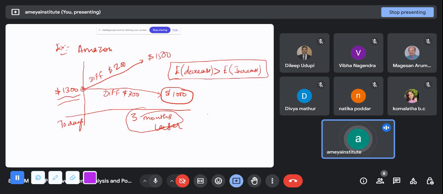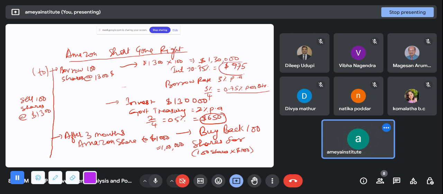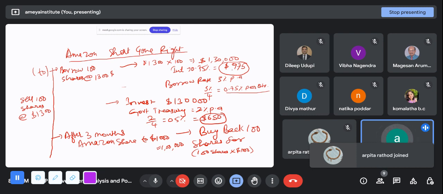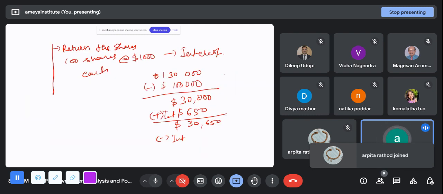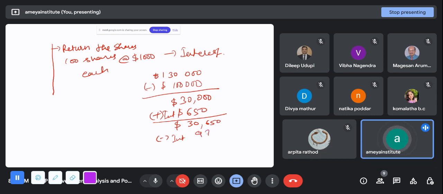Now tell me, from this I have to pay interest to my broker, that is quarterly. That interest amount is how much? 975 rupees. So I earned 650 interest, but I have to return the shares with interest of 975 rupees. So I will minus his interest of $975.